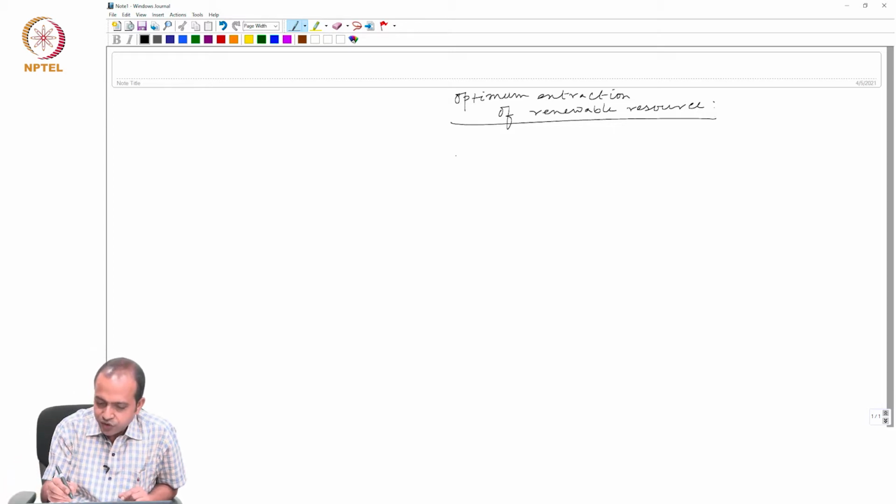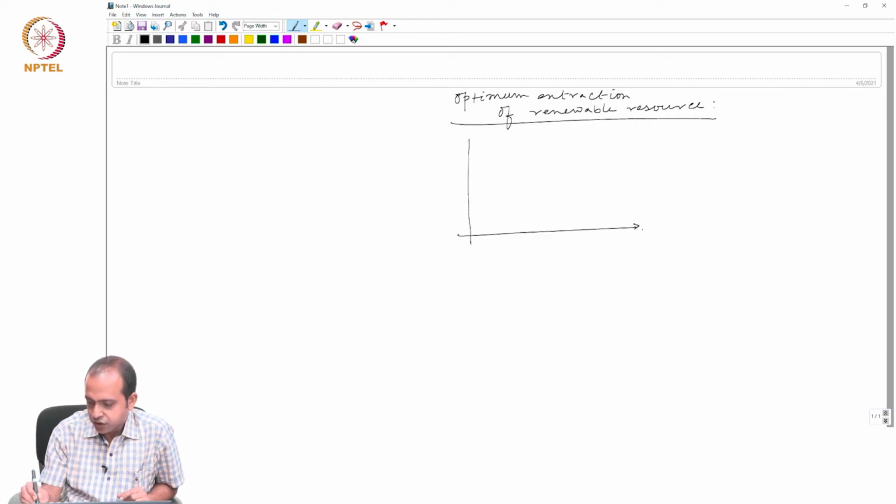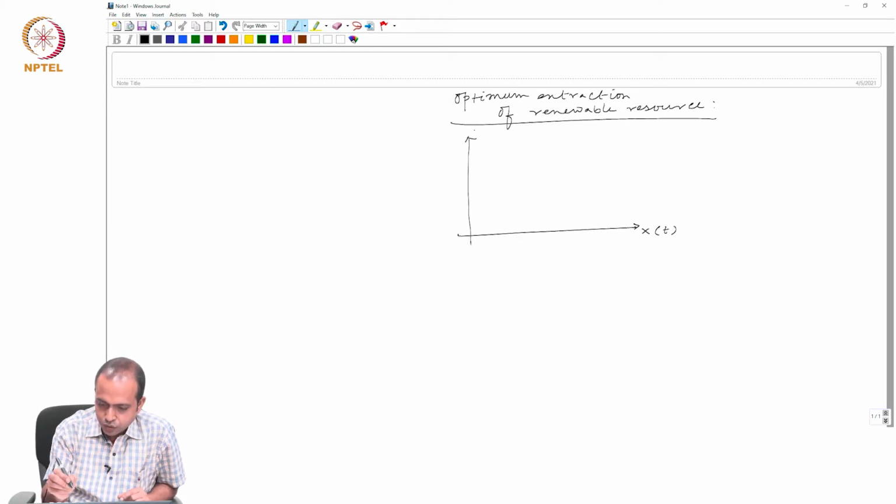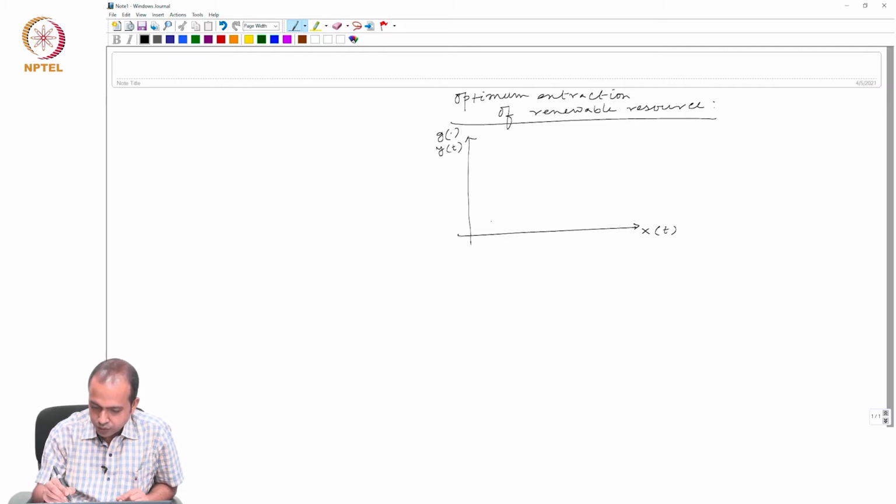So, in terms of a diagram, once again, let us say on the x axis we are measuring stock, and here we are measuring G dot, that means growth as well as extraction.